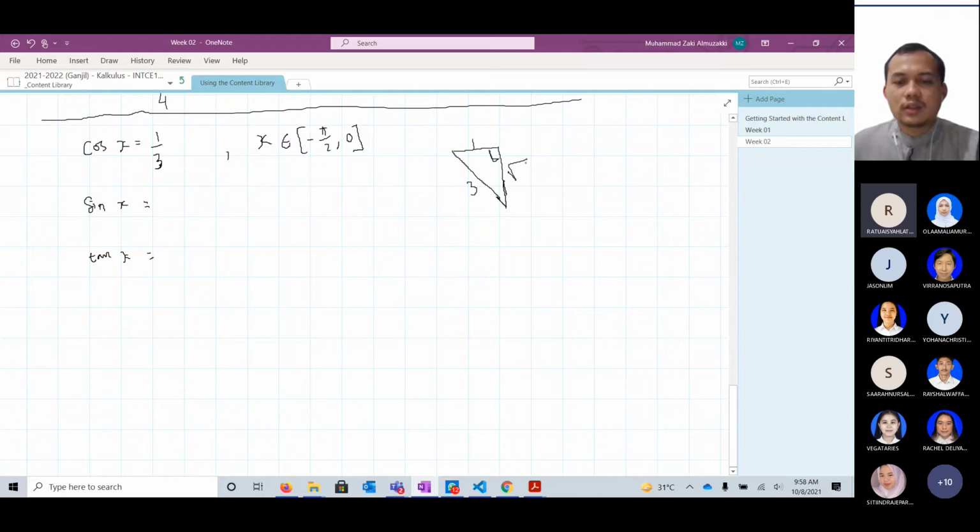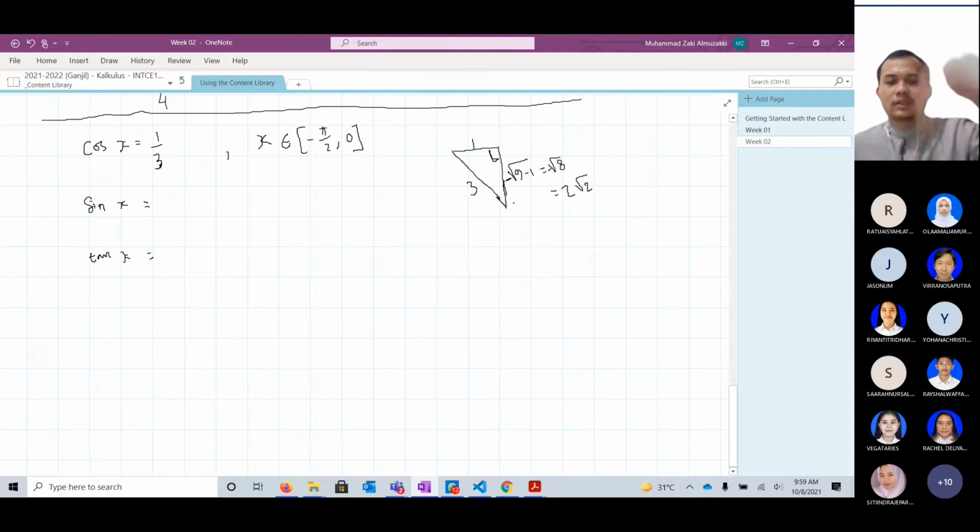Basically, this is the square root of 9 minus 1, or the square root of 8, or we can write it as 2 times square root of 2. Positive or negative? Negative, right? Because we are going down now. So this should be negative.